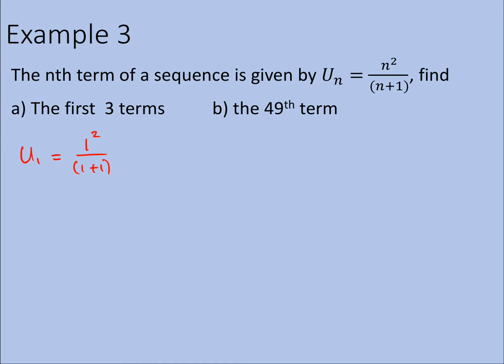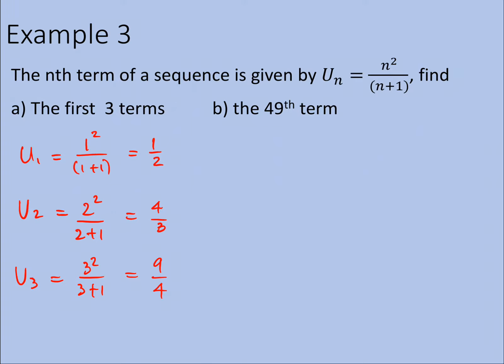So that's just going to be 1 squared is 1 over 2, so half. u2 will be 2 squared over 2 plus 1, which is going to be 4/3. And then finally u3 is 3 squared over 3 plus 1, so that's 9/4.